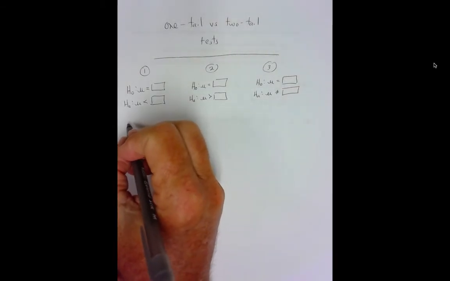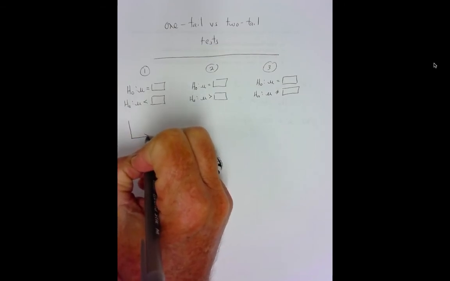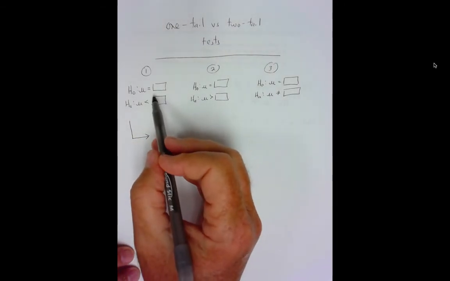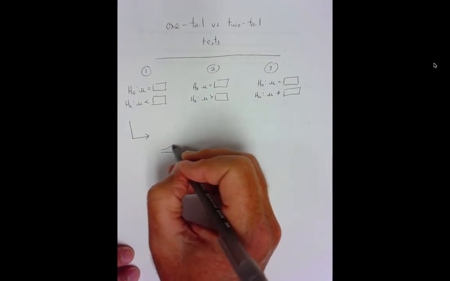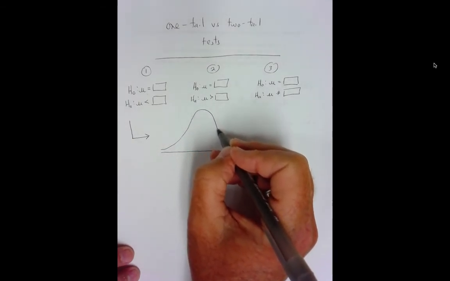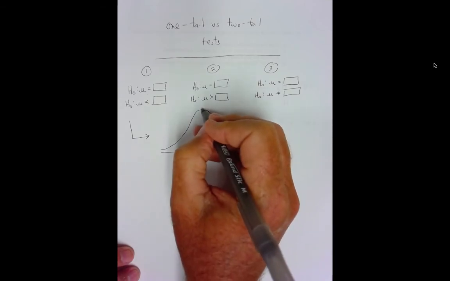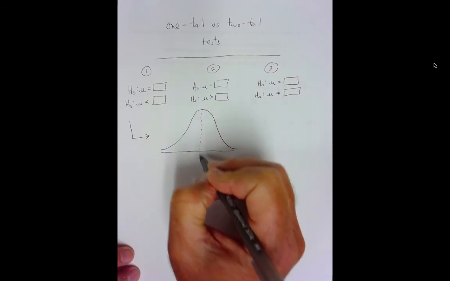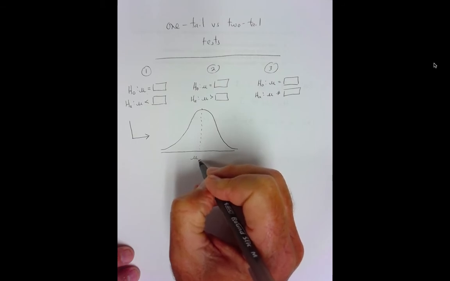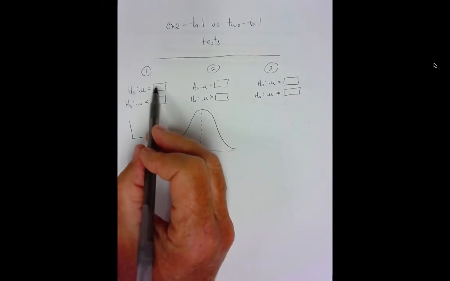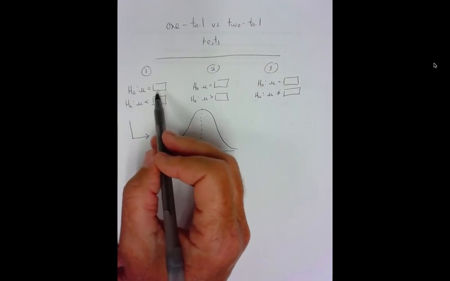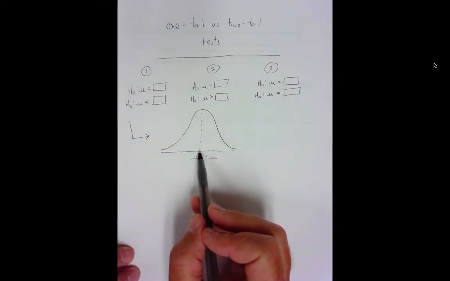Well, guys, what happens here is, going back to the central limit theorem, we have this distribution of sample means that is built around the mean of the sampling distribution, which we know is equal to mu. So whatever this value is, we assume that we're drawing our sample from this distribution.